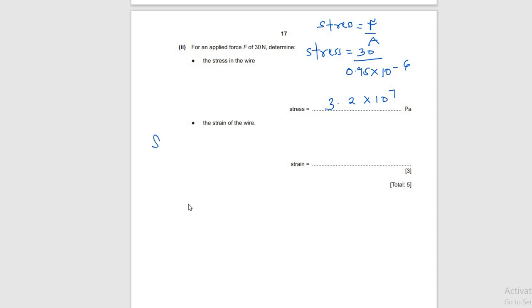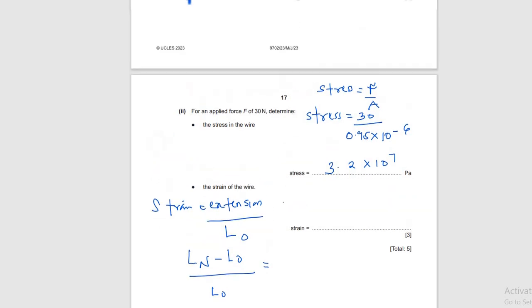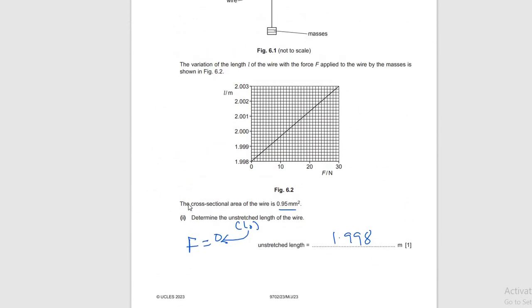Strain. What's the formula for strain? Your strain is extension over original length. The extension is new length minus original length, all over original length. So what's our new length? We are looking for the strain. When the force of 30 Newton is applied, the new length is 2.003. This is the original length, 1.998.